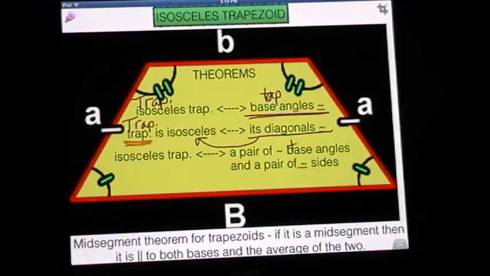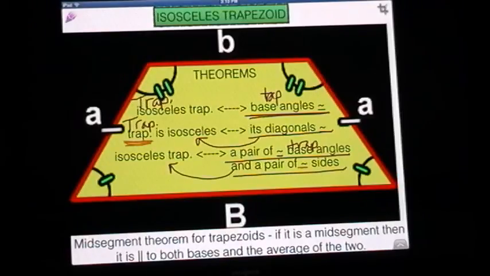If it's a trapezoid and a pair of base angles is congruent and a pair of sides are congruent, then it's isosceles. Okay, they go both ways, so you only have to write them once, and that makes more space for you.